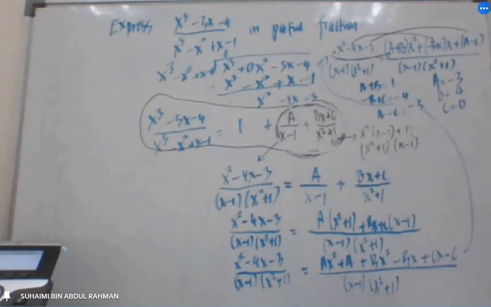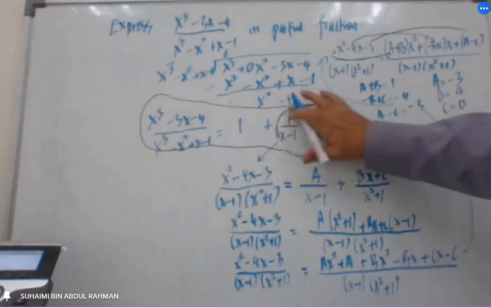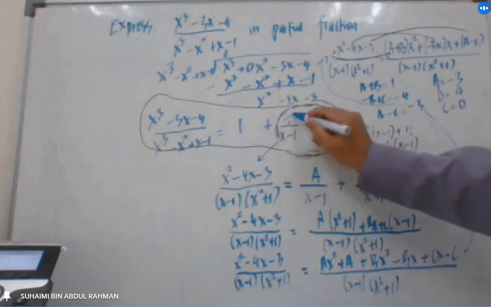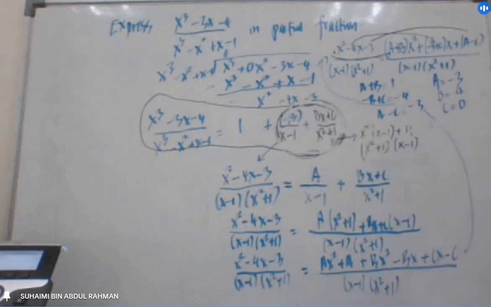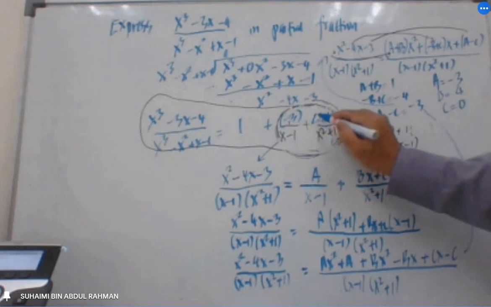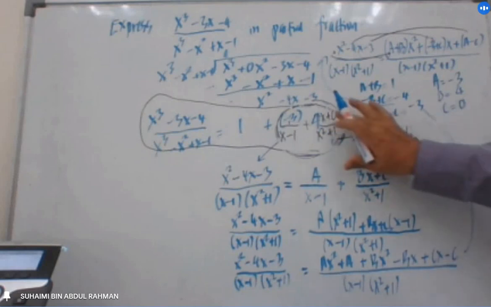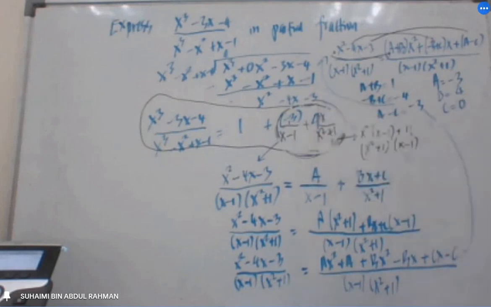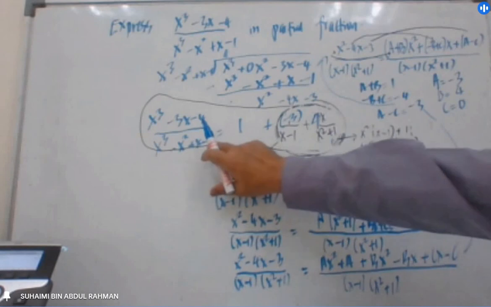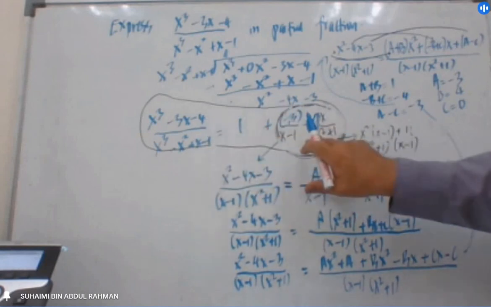What is A? We found that it is minus 3; because it is minus, we have to put brackets there. What is B? B is 4. And what is C? C is 0. So it's only 4x.